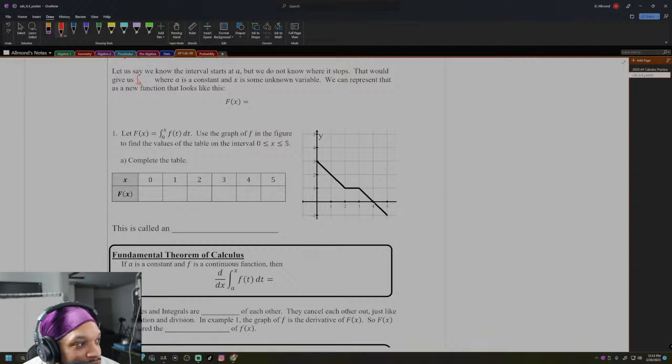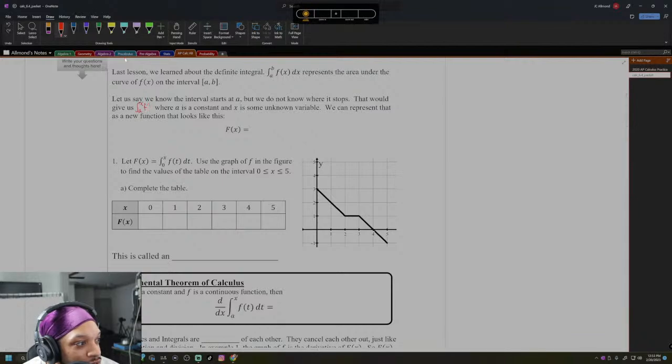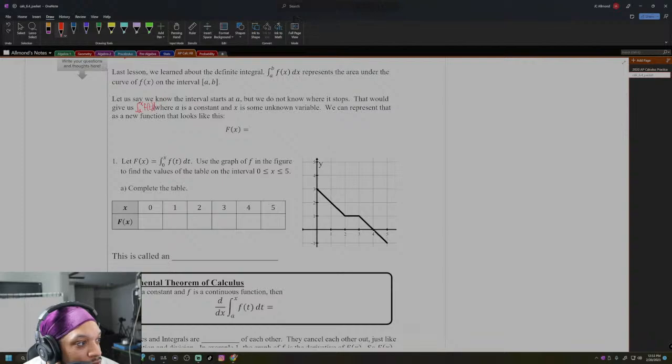X. Okay. And that is the integral under f of x. I mean, we can call it f of t, since we already used x. Okay. I guess that's what they want us to write right here. Capital F of x. That's going to be the integral from a to x of lowercase f of t dt.